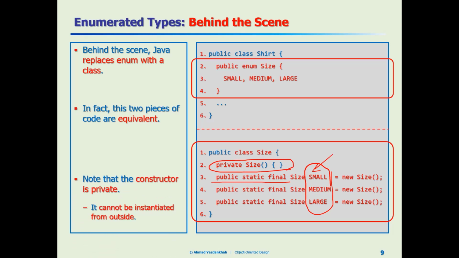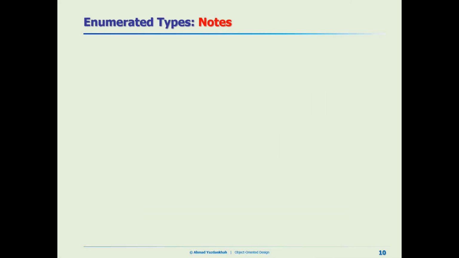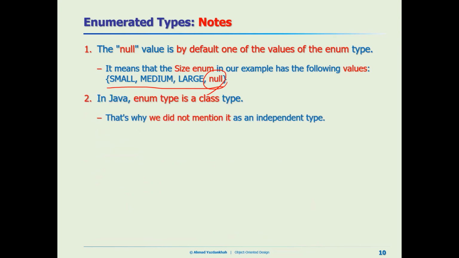All right. So let me now give you some notes about the enumerated type. The first thing that you need to know is about the null value. By default, a null value will be added to all of the values that you create, right? And as we said, enum type is a class, right?